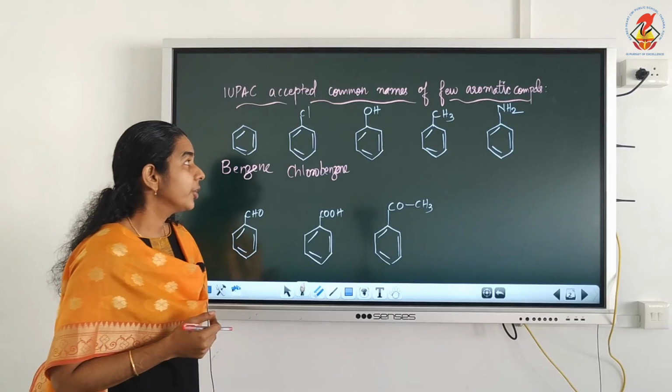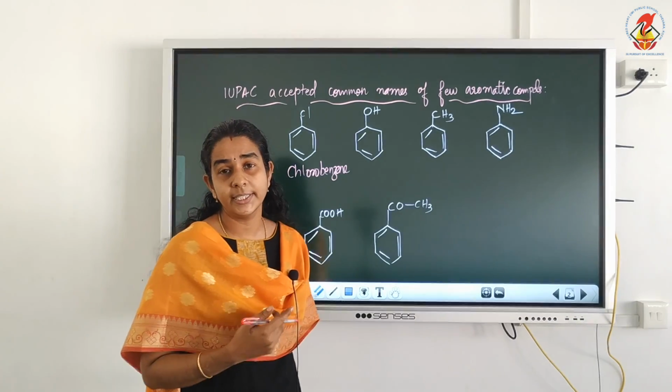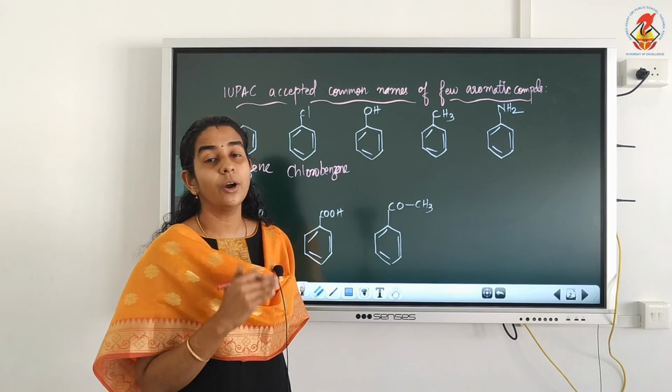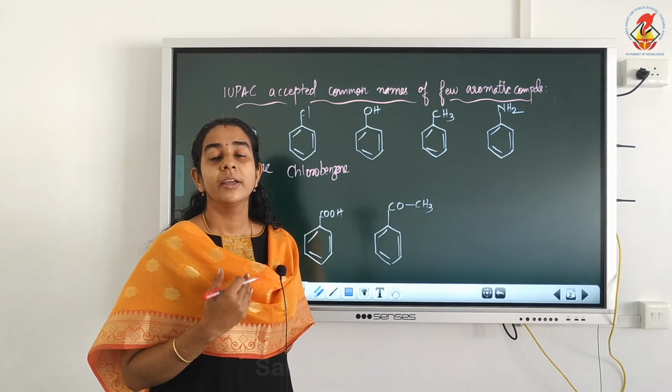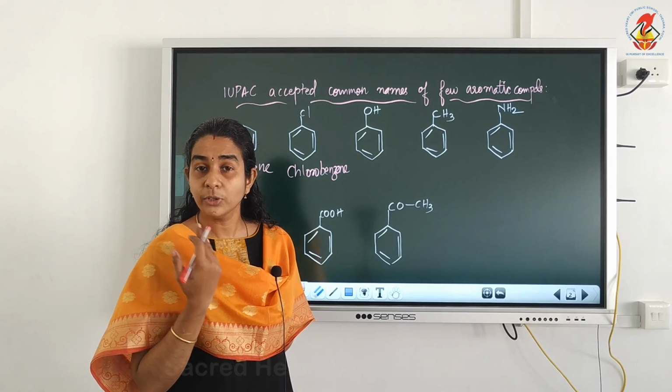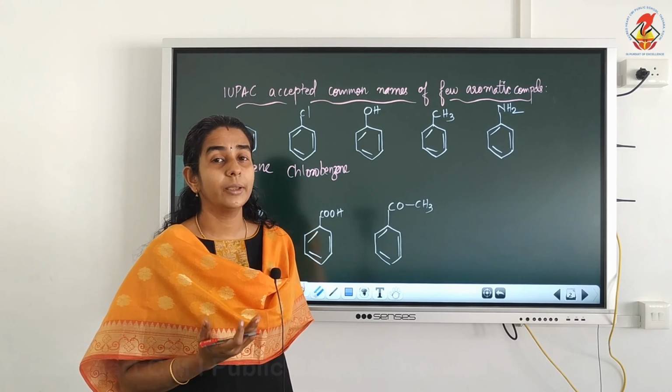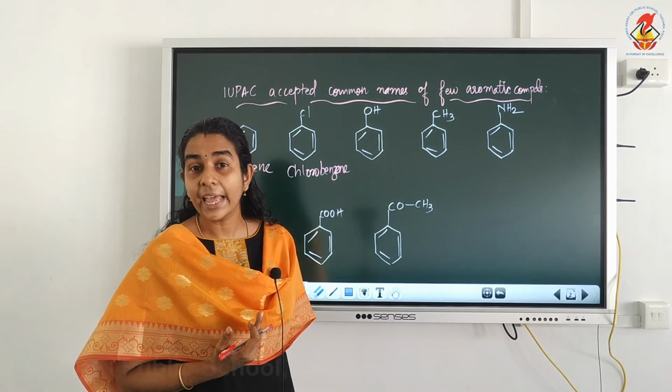Now the OH group, when it is attached to a benzene ring. If an OH group is present in an aliphatic or chain compound, we call all those compounds containing an OH group attached to a chain alcohols.